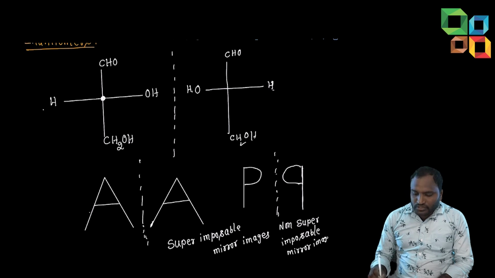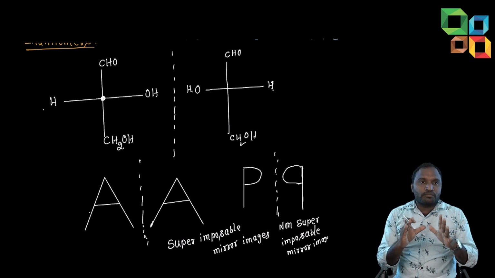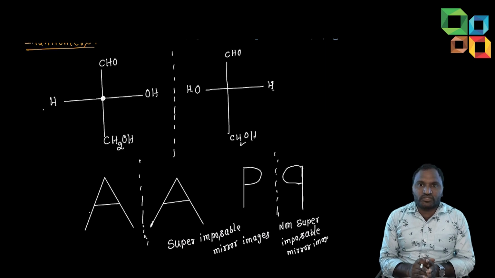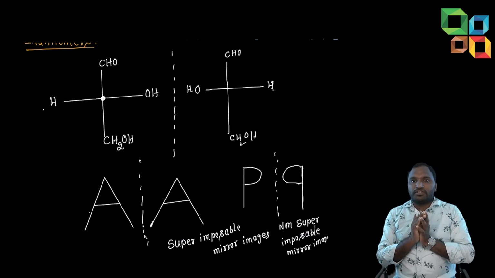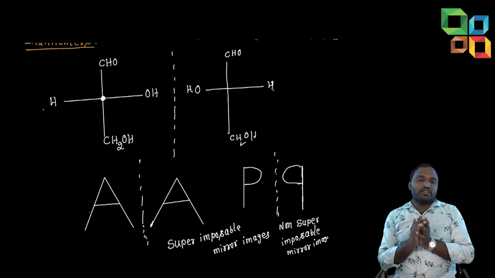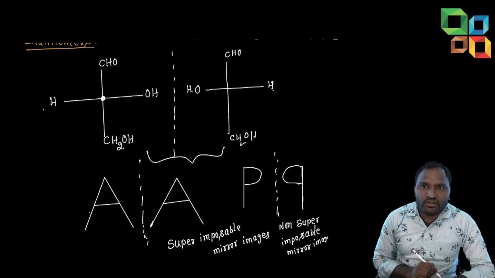So, if they form non-superimposable mirror images, those are called enantiomers. Compounds which are mirror images to each other and are non-superimposable are called enantiomers.